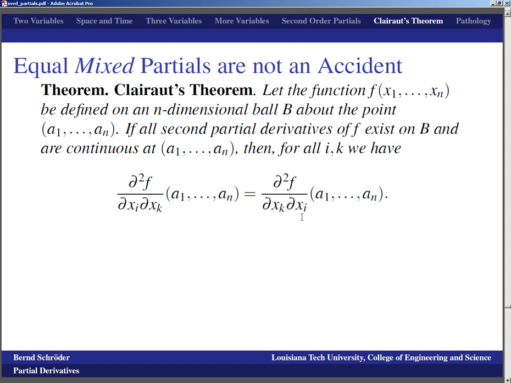So it doesn't matter in which order mixed partial derivatives are taken, as long as certain technical hypotheses are satisfied, which it turns out usually are satisfied in practice, pathology, as we're going to examine, notwithstanding.